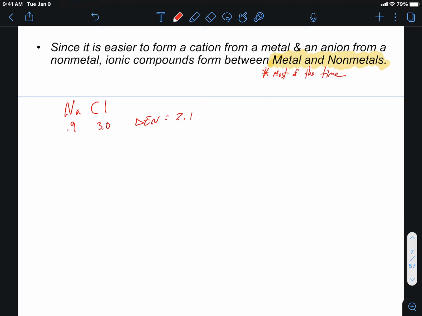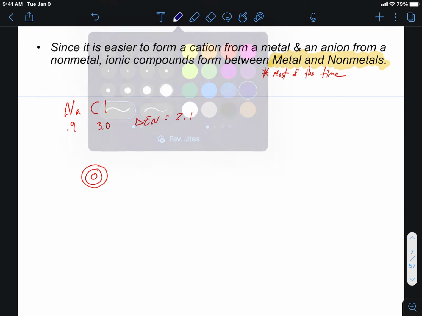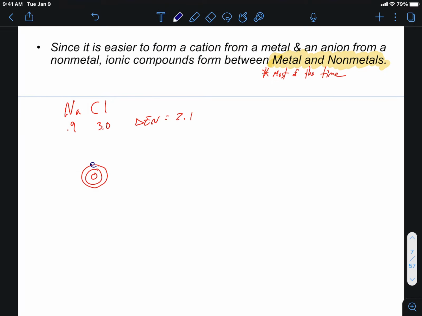So here's what happens. The sodium atom has 3 energy levels. We know the sodium is 1s2, 2s2, 2p6, 3s1, and we know that this is the valence electron. Okay?